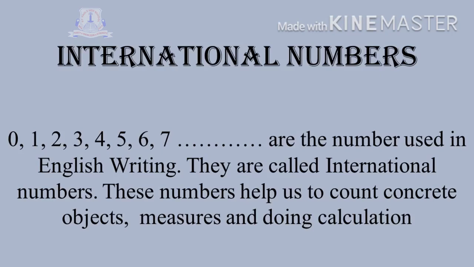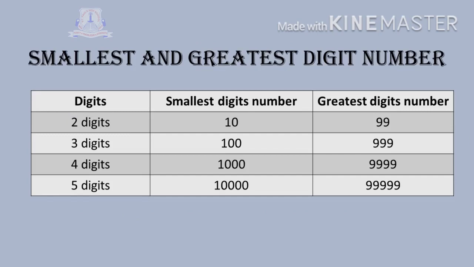They are also called international numbers. These numbers help us to count concrete objects, measures and do calculations. So children, we use international numbers to do our calculations. So children, now let's begin with our topic, large numbers.